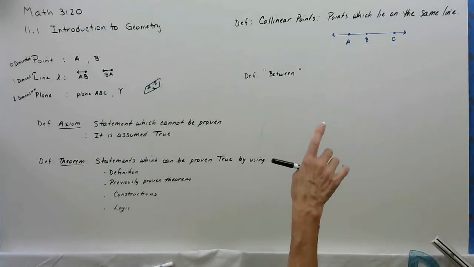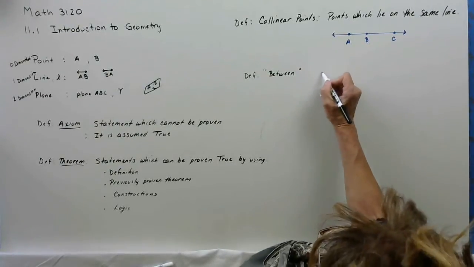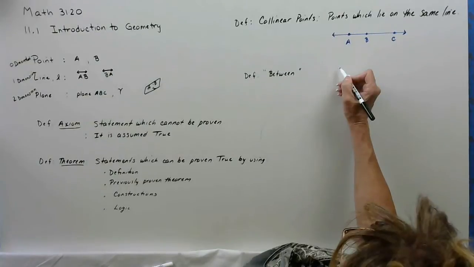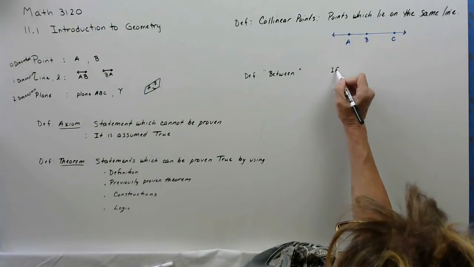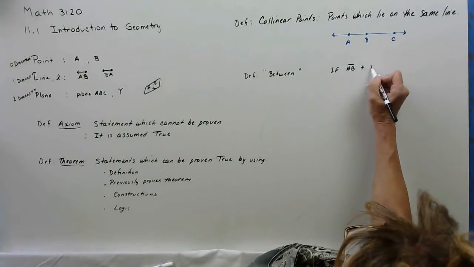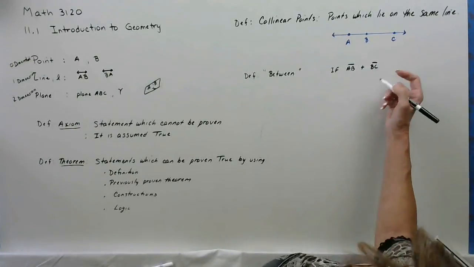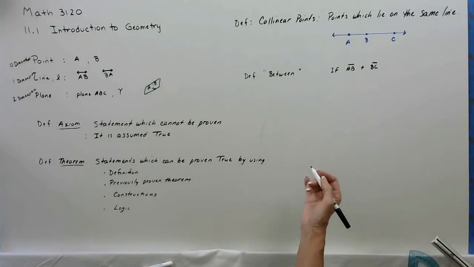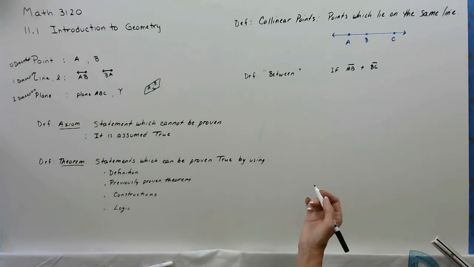I can say that if line segment AB plus line segment BC, notice they do not have arrows on the ends of them because they're a segment.